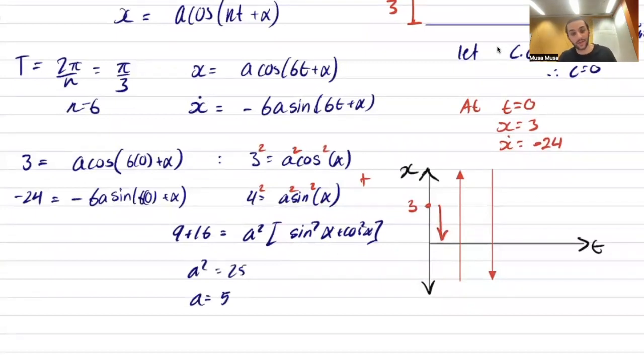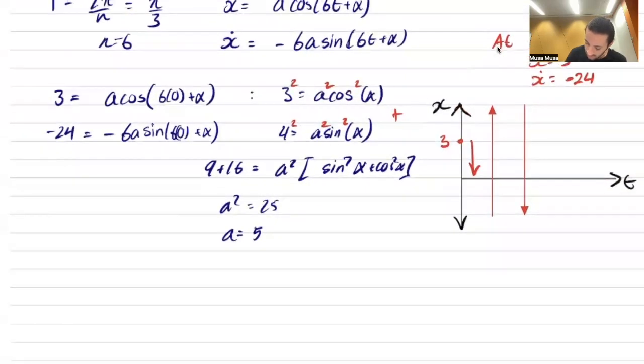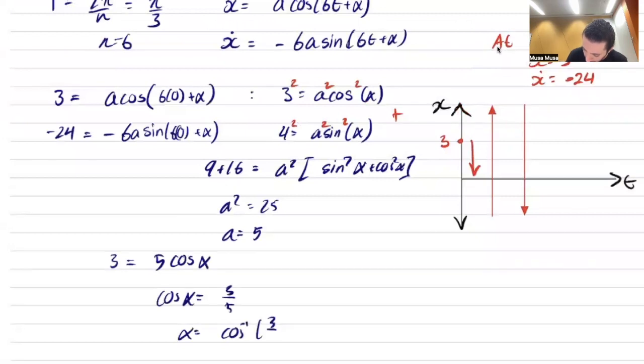A could equal plus or minus 5, but because we're talking about just an amplitude, we can just say it's positive 5. Obviously, the alpha is the thing that's going to shift it around anyway, and that'll account for that. Now, we just go back to one of the equations. Let's say 3 equals 5 cos alpha. And we're going to say cos alpha equals 3 on 5, and therefore alpha equals cos inverse 3 on 5.